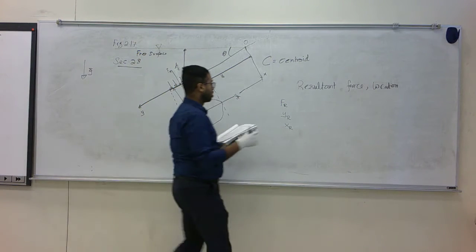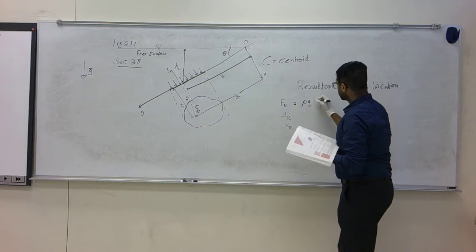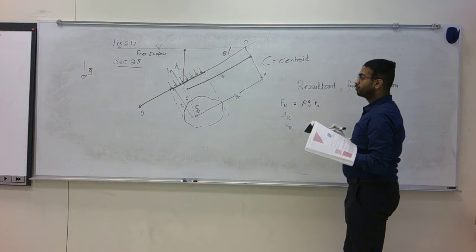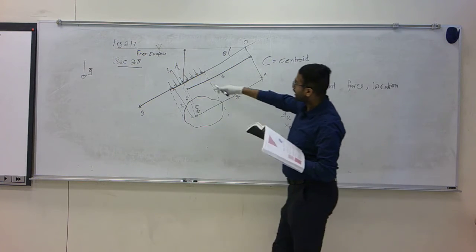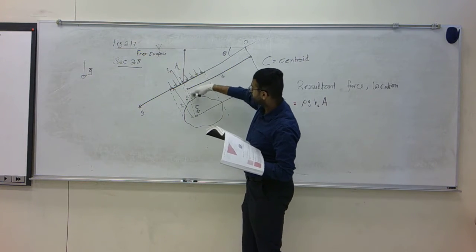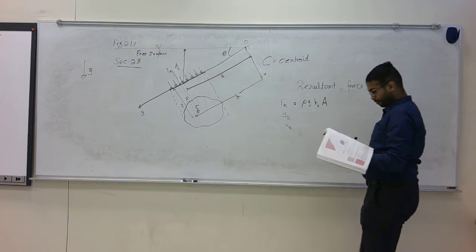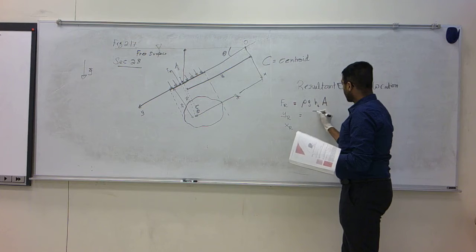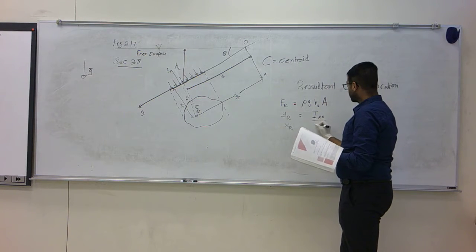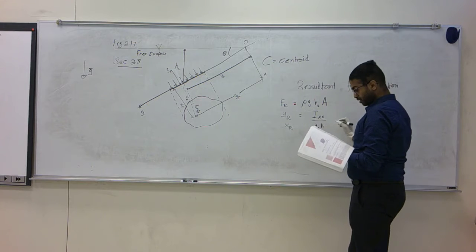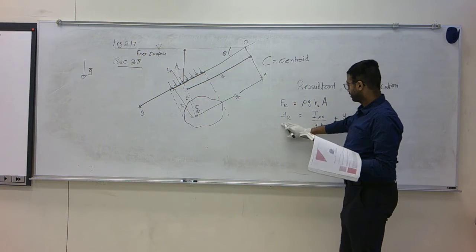Fr is rho g times the height of the centroid from the free surface times area. Hc is the height of the centroid from the free surface of the area, and yr is Ixc divided by yc times A, plus the y coordinate of the centroid.